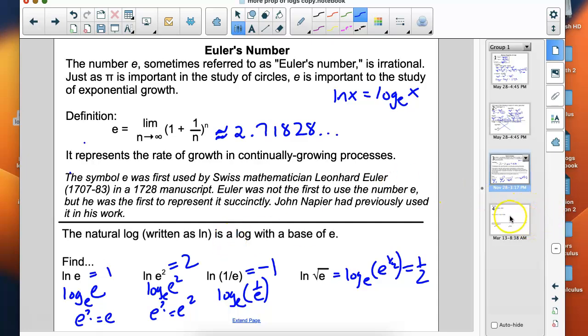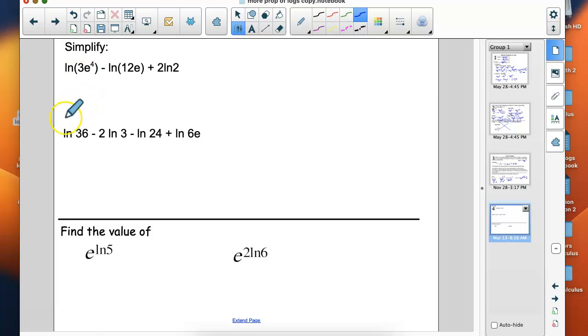All right, one more thing we can do with e's really quickly because I'm running out of time here. We can put these together using our regular properties. So I can put these together by first moving that number 2 up there and making that a 4. And then taking these, the subtractions and the additions turn into multiplications and divisions, right? So 3e to the 4th, I'll put the 12e on the bottom and the 2 squared on the top, just like we did with all these other properties.